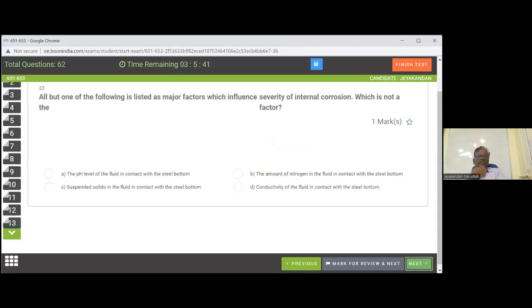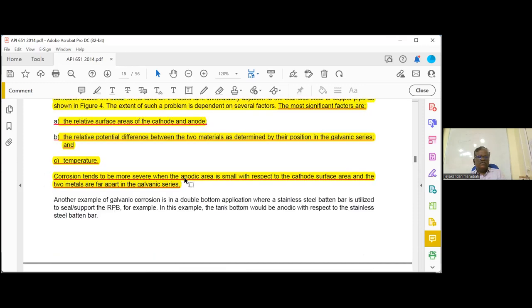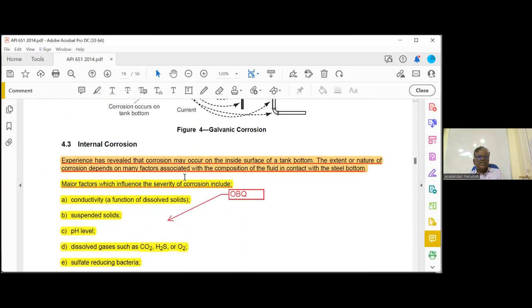Next, all but one of the following is listed as a major factor influencing the severity of internal corrosion. Which is not a factor? There is a gap here. So what is listed as influencing: the pH level of the fluid, suspended solids, the amount of nitrogen? I think the amount of nitrogen. Where is it given? 4.3, internal corrosion.